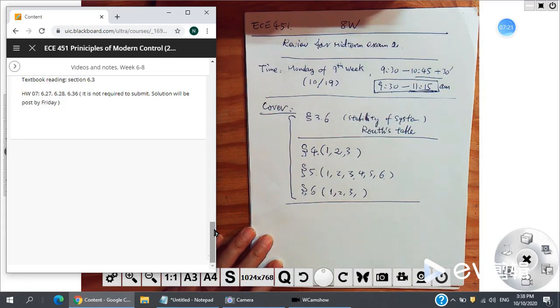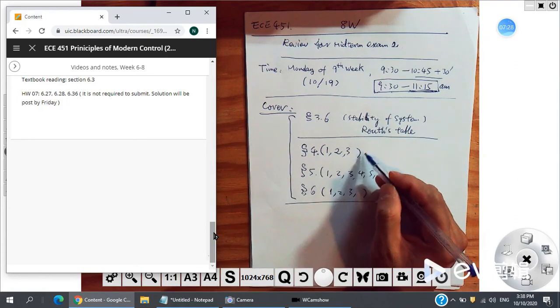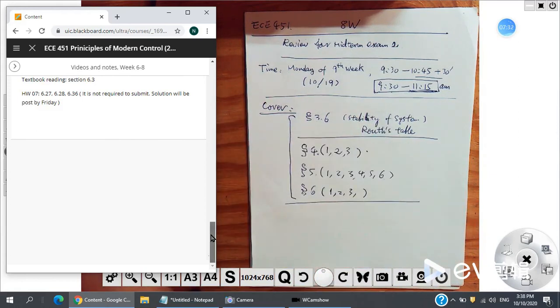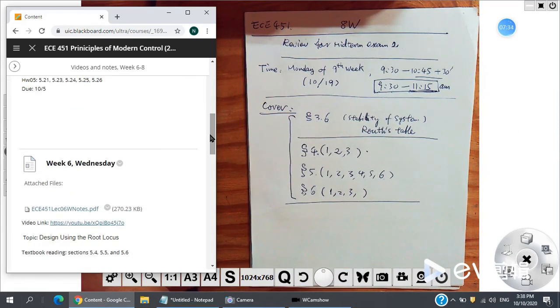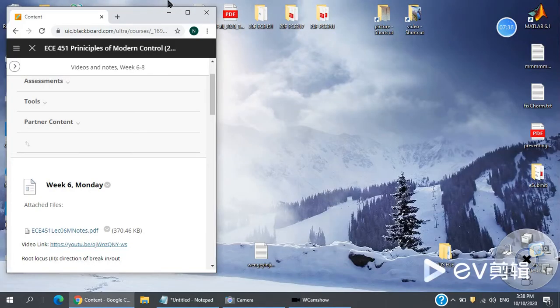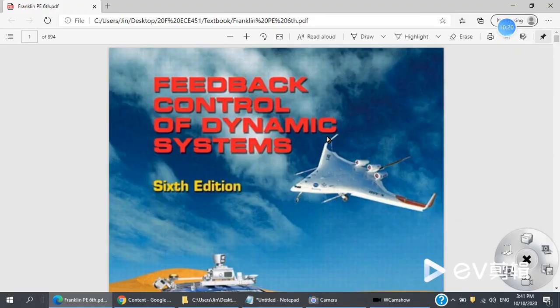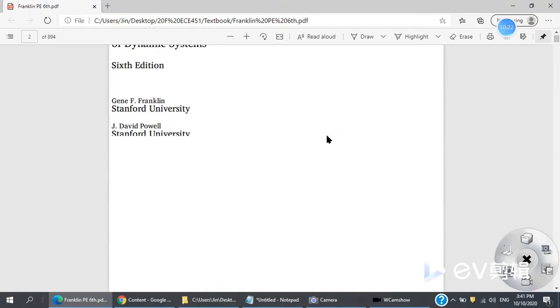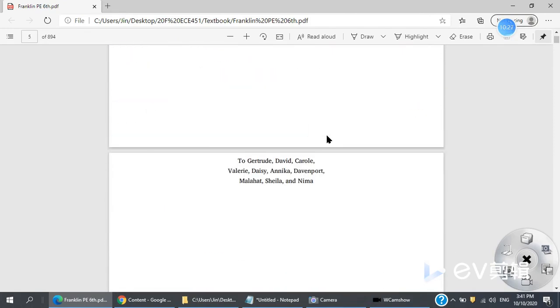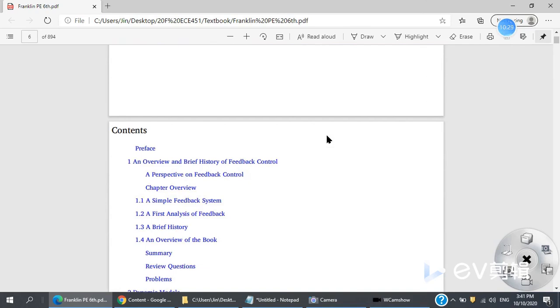Chapter 4, we only have 3 sections. Let me see the textbook. Let's go to the contents.